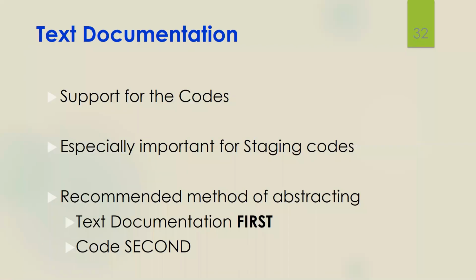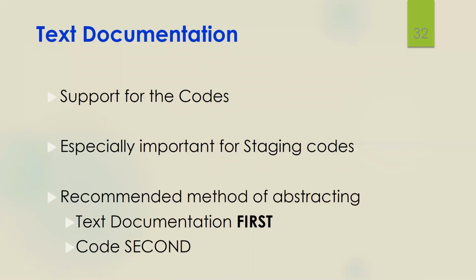Okay, that's pretty much everything for treatment. Now I want to just briefly look at text documentation and a couple of specific things for colon cancer. So we want to support our codes with our texting, and it's especially important for the staging codes, like the extent of disease codes for the tumor and the nodes and the METs.